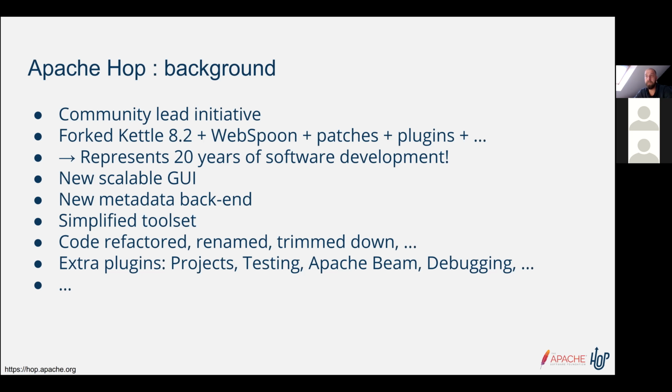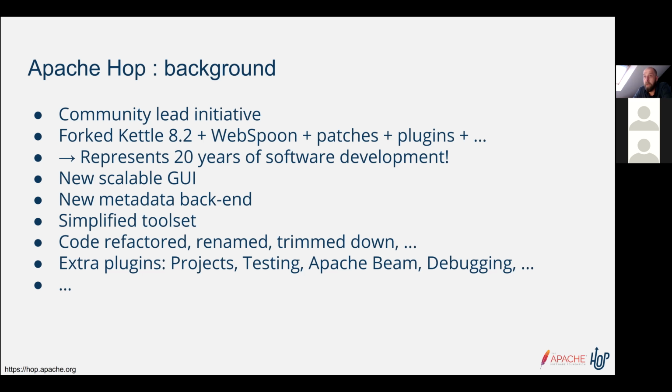We rewrote the metadata backend. The tool set was simplified. We now have a UI component, a server component, a command line component, a configuration component, and all of those are in sync and pretty consistent, which makes it easier to recognize things across the different tools.